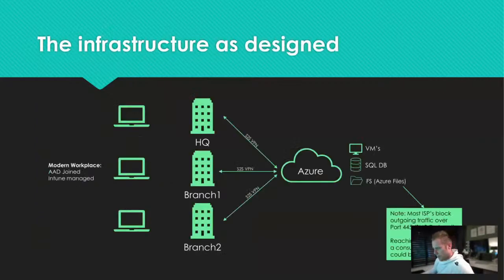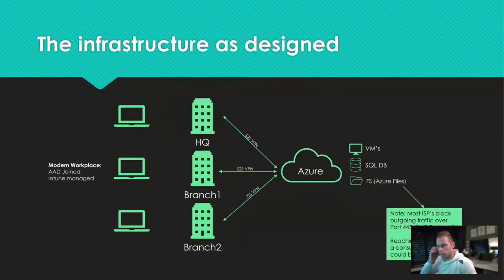I'll start with the first one. This was basically how we designed the infrastructure when we were talking to this customer. The customer wanted notebooks which were in the offices, whether it's the headquarters or one of their branch offices, doesn't matter. Devices should be Azure AD joined and Intune managed, which is basically the modern workplace concept. From all the offices, they have a site-to-site VPN to Azure, which was perfect for them because they only worked from the office.